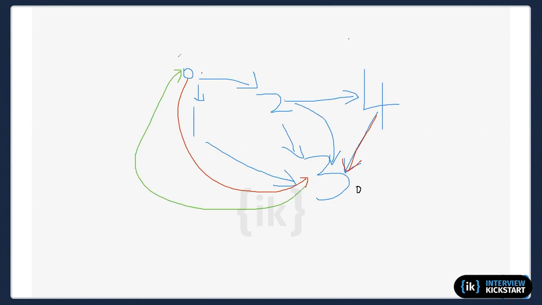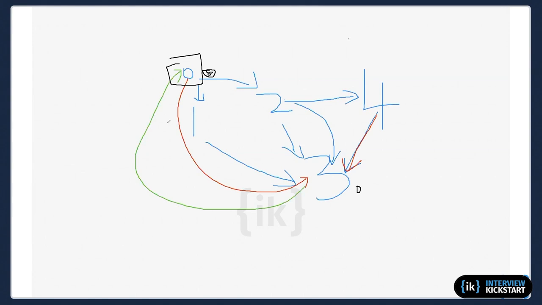This node is already visited, because it is the source, and then I will check the departure time of this one. If this one is already visited and it doesn't have a departure time, I will say there's a cycle, because this is a back edge. So this is how I detect a back edge, which is a cycle in the graph. This gives me part of the answer to the question.